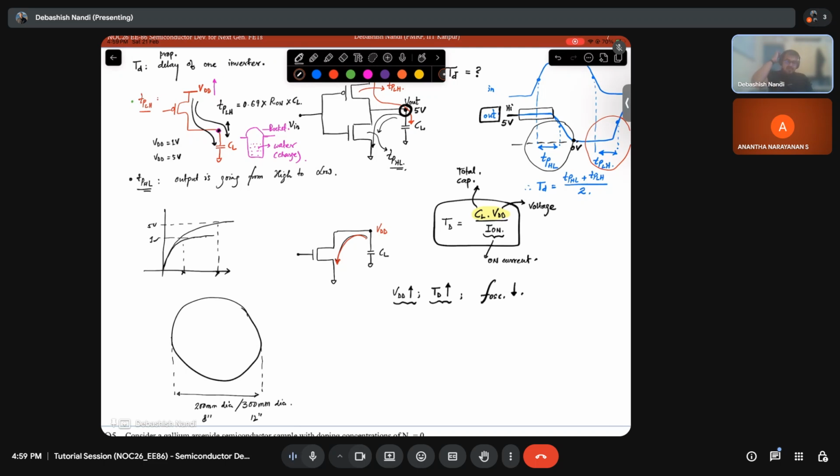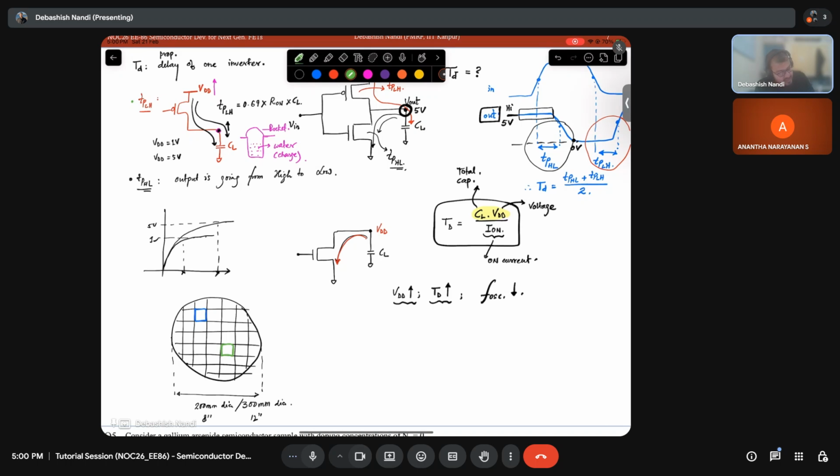So what happens is you slice it up, and there are multiple ICs present at each place. Let's say this is one IC, and this is another IC.